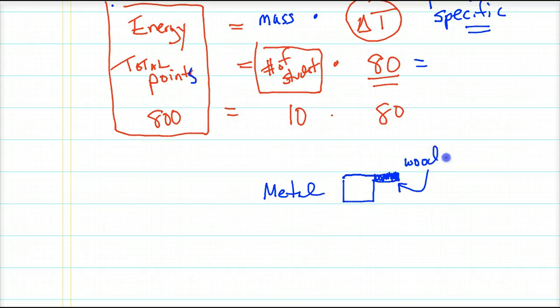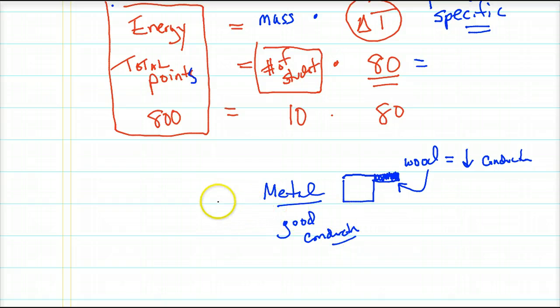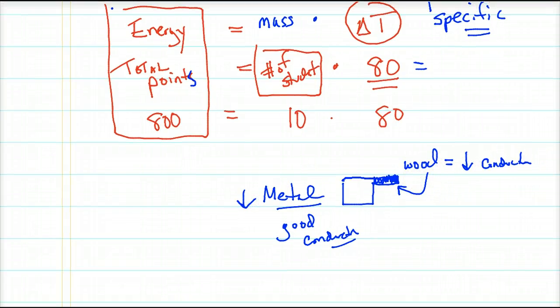Because they know wood is terrible at conducting. It's a bad conductor. Metal is a good conductor. Now, what does that mean? It means that metal doesn't need a lot of energy to change its temperature, whereas wood needs a lot more energy to change its temperature. So this is what specific heat is all about.